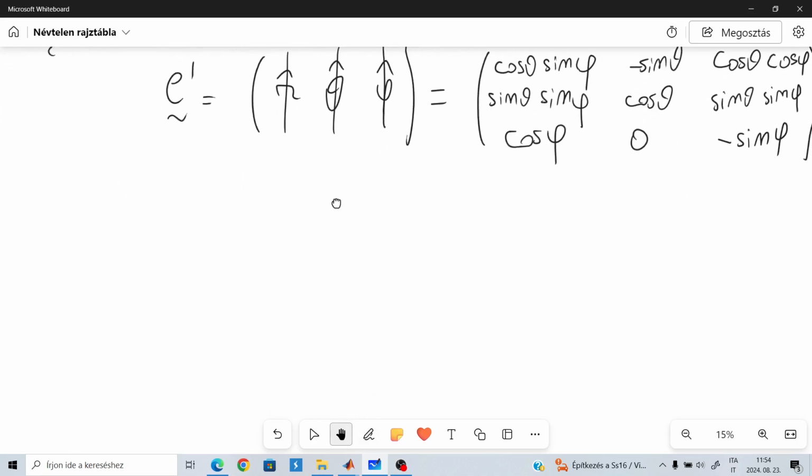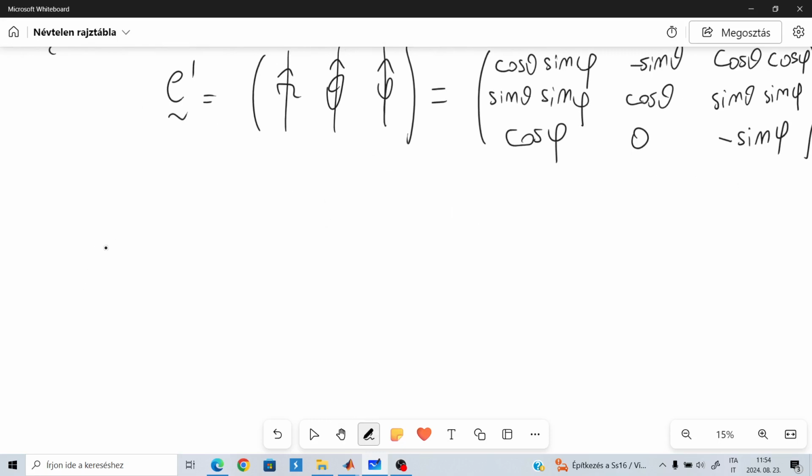Now, how do we construct the transformation of the matrix u tilde into u tilde prime? Basically, how can we define u tilde prime? Well, we have to use the usual rules for tensors, or in this case, matrices.